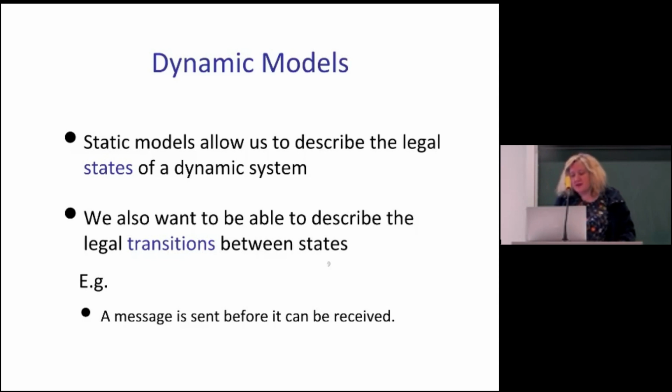And this is one example. So if I want to check whether the right sender sent the message and the right recipient received the message, then my realism constraint would be, I must have sent the message before it was received.